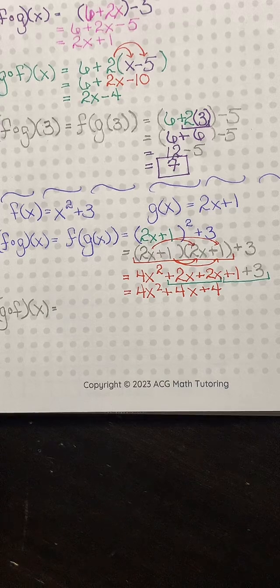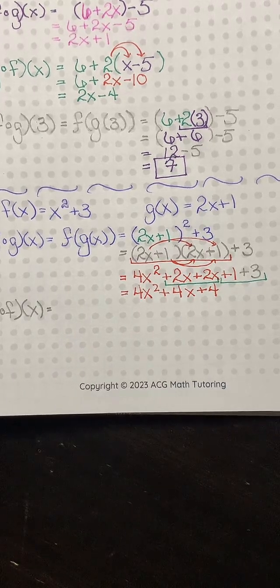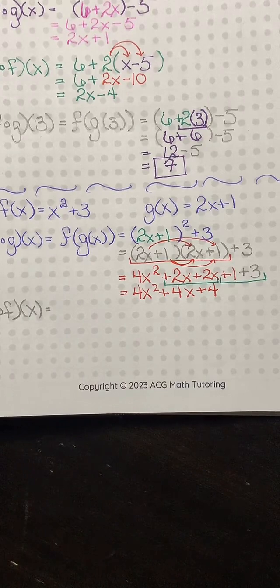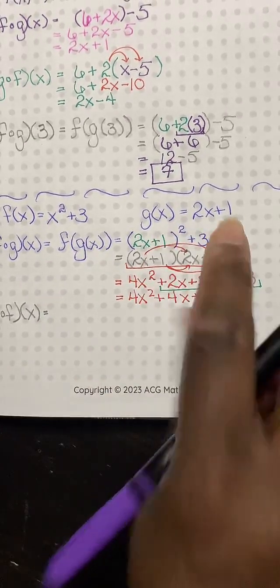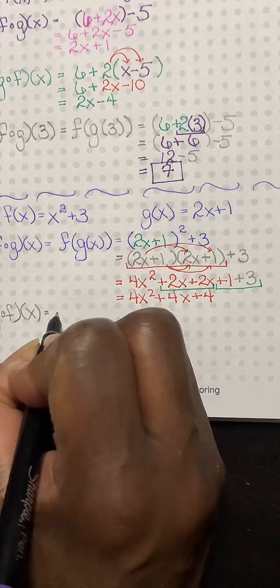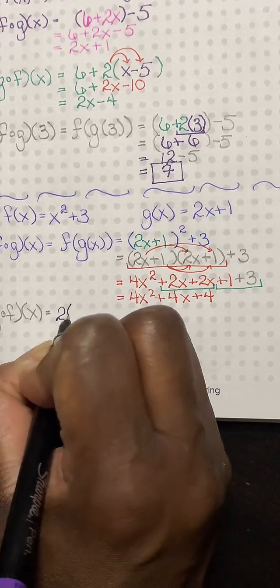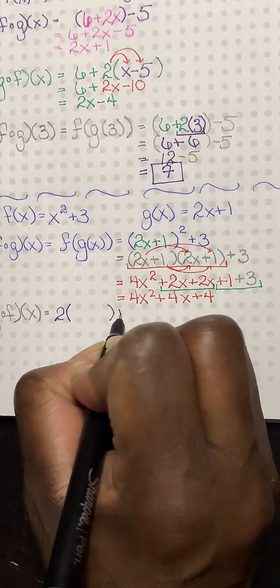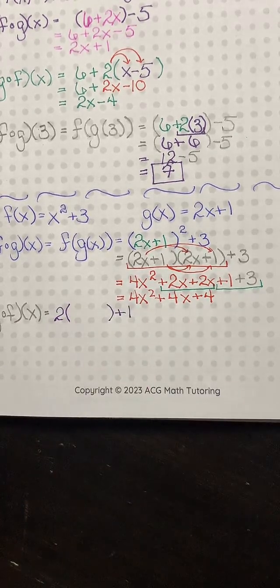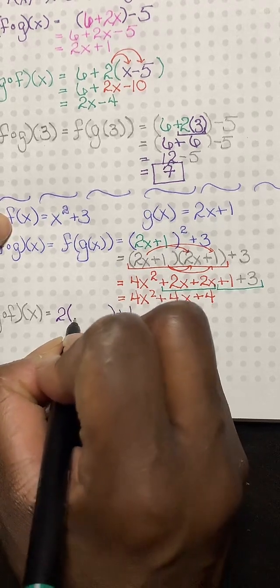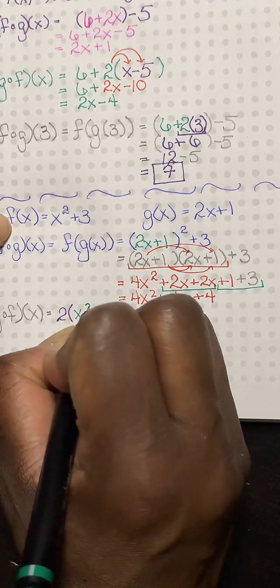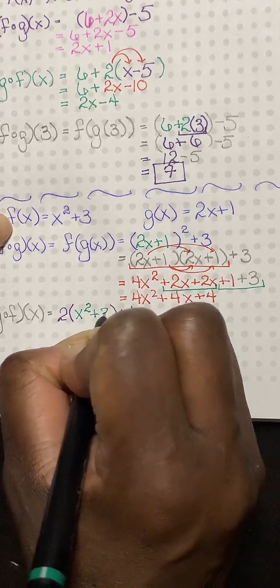Okay? I know. Trust me, a lot of students used to be like, G unit? I'm like, okay, here we go. All right? So the g function is going to be what's on the outside. So we have 2 parentheses plus 1. What's going inside is my f, which is my x squared plus 3.